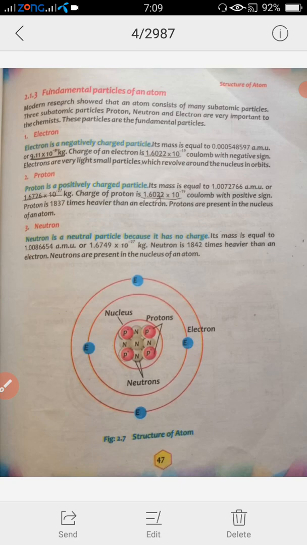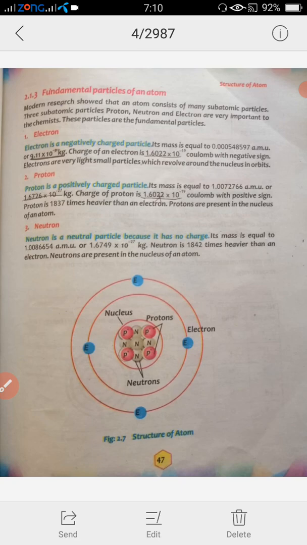And we also know that the electron, which is a subatomic particle, has a negative charge, and its mass is equal to 0.000548597 AMU. AMU means atomic mass unit.